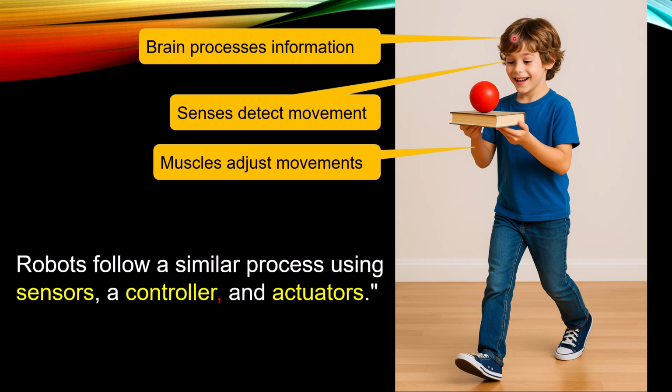Your brain processes the information and your muscles adjust to keep the ball steady. Robots follow a similar process using sensors, a controller, and actuators.